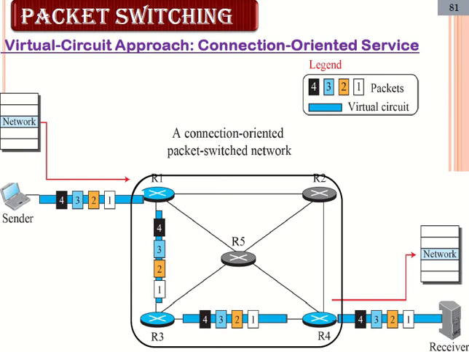Before all the datagrams in a message are transmitted, initially a virtual connection is established between the source and the destination. As you can see, there is a path from the source to the destination. This will be established in the beginning, so that the exact path for the datagram is defined.